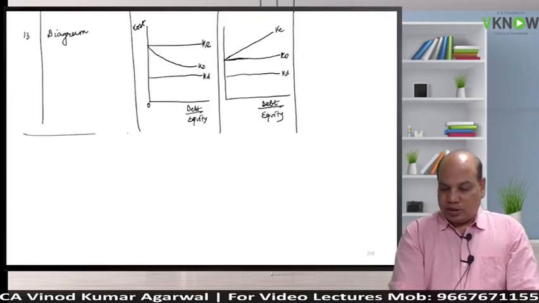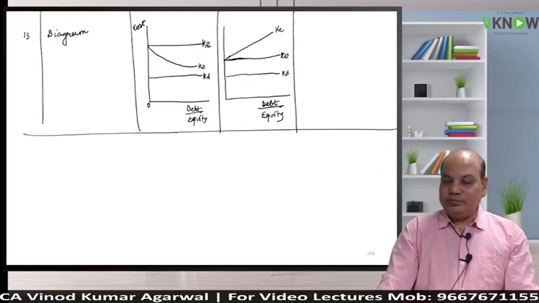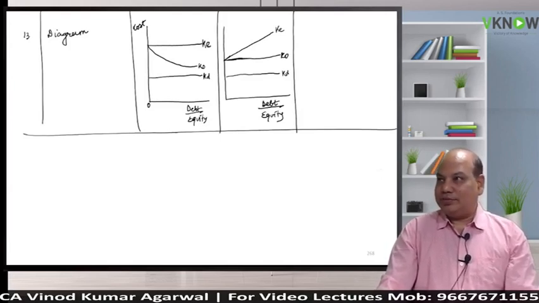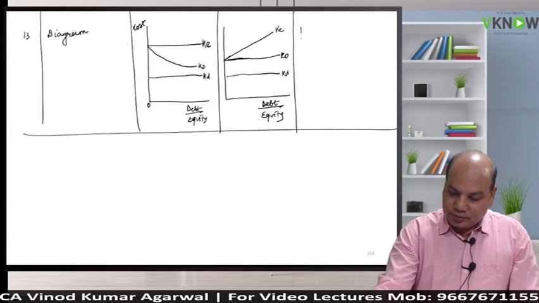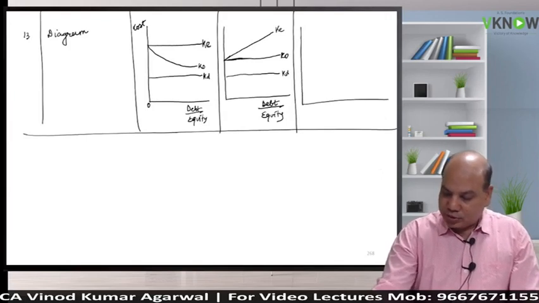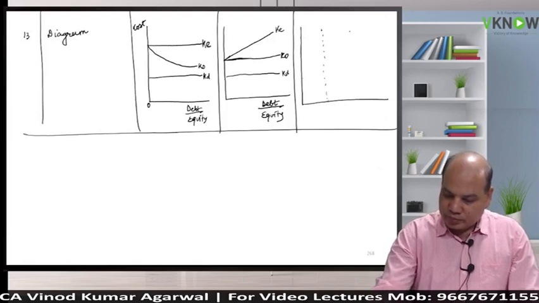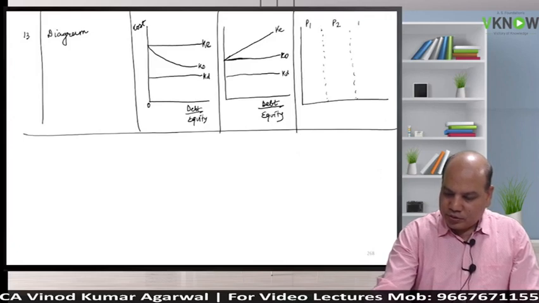Do you remember anything like this? Have you studied like this? Yes. And in traditional approach, there are 3 phases: phase 1, phase 2, phase 3. You have debt equity ratio here.